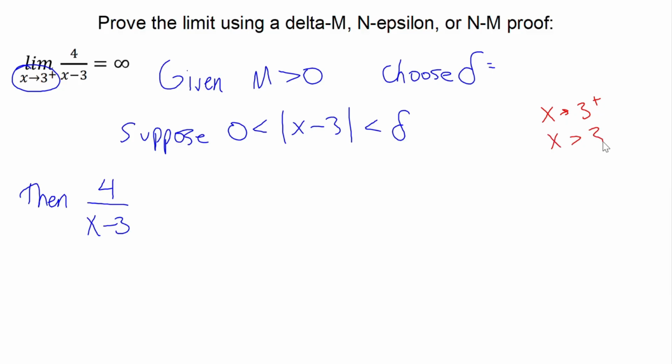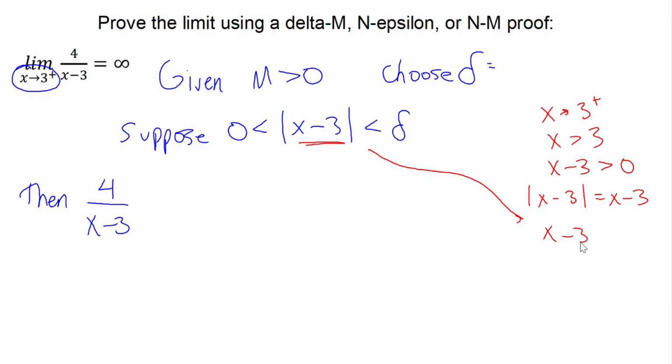That means that x is greater than 3. It also means that x minus 3 is greater than 0. And if something inside an absolute value, like x minus 3, is positive, then the absolute value of x minus 3 just equals x minus 3. So effectively what we have is that x minus 3 is less than delta.